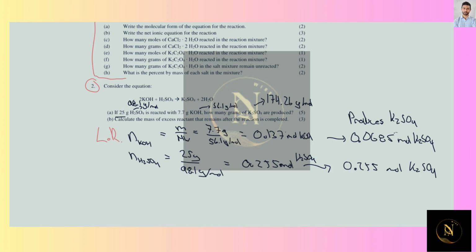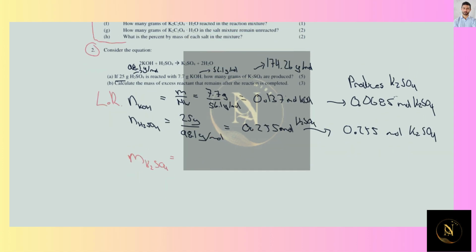Thus, the amount of grams that are going to be produced of the sulfate would be equal to the amount of mole corresponding to the limiting reagent, 0.0685 mole, multiplied by the molecular weight of the potassium sulfate.